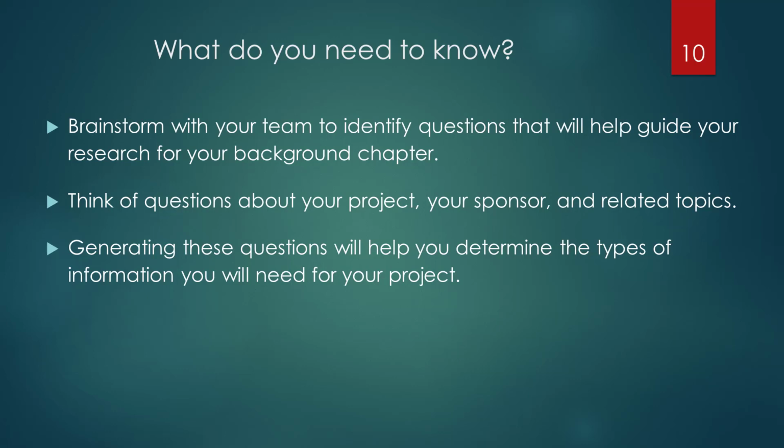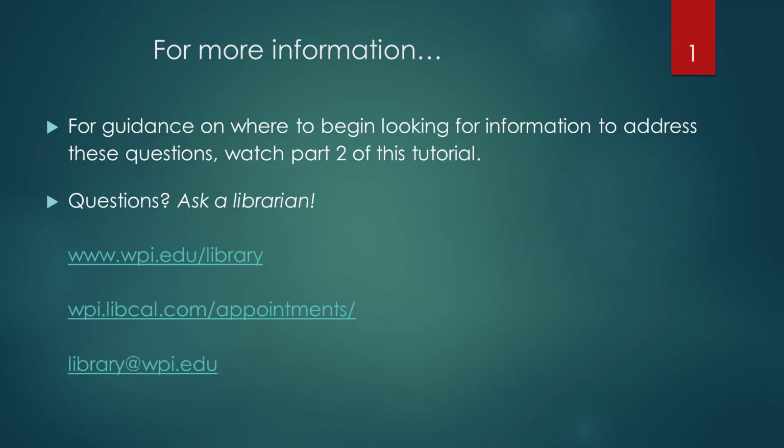What questions do you need to ask in order to gain a better understanding of your project? These questions will help guide your research process by identifying what information you need to find in order to complete your project successfully. For guidance on where to begin looking for information to address these questions, watch part 2 of this tutorial.